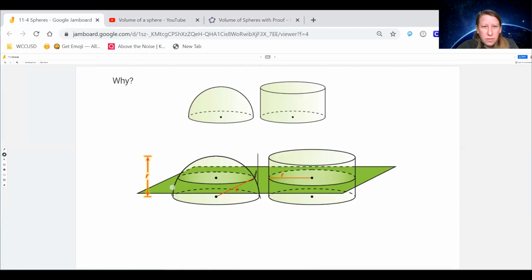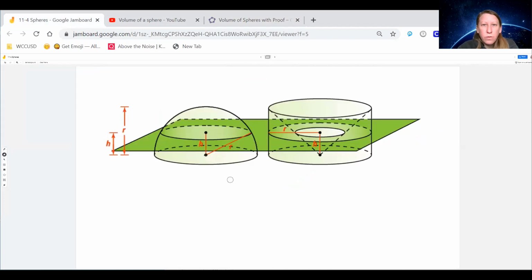So the next thing they did for this argument was to draw in some more things. So what this is showing is that the area of this circle is equal to the area of this disk space. So it's the area of the circle minus the area of this circle. Now let me show you, for those of you who are trying to understand this at a deeper level.